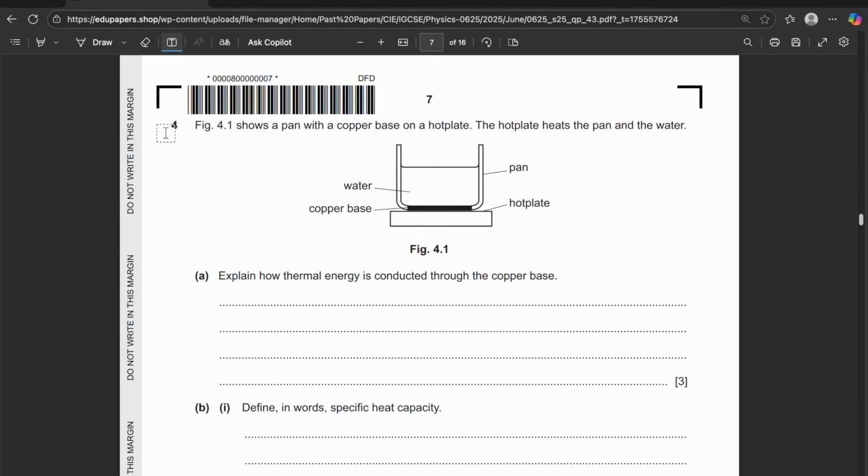Figure 4.1 shows a pan with a copper base on a hot plate. The hot plate heats the pan and the water. It explains how thermal energy is conducted through the copper base.